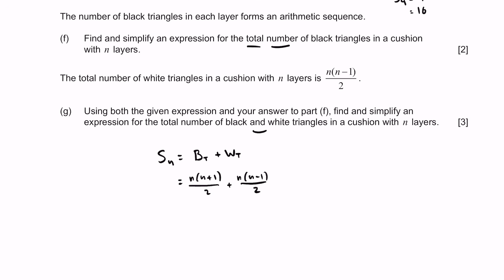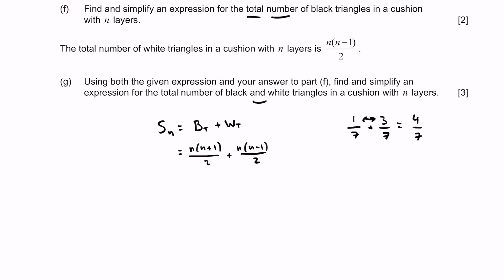Adding fractions, we have two fractions with the same common denominator, like 1 over 7 plus 3 over 7. Since they have the same common denominator, we can just add the numerators. So let's write this over the common denominator of 2, and we add the numerators: n plus 1, plus n minus 1, all over 2.